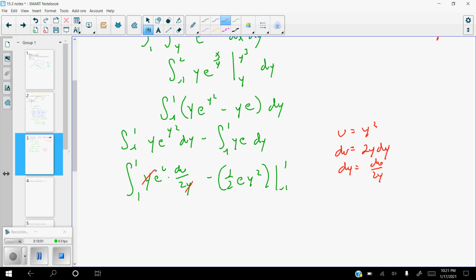But either way, it should end up giving you 0. So that should be 0 minus. Plugging in 1 for y, we're going to get 1/2 e minus. Plugging in -1 for y, we're also going to get 1/2 e.